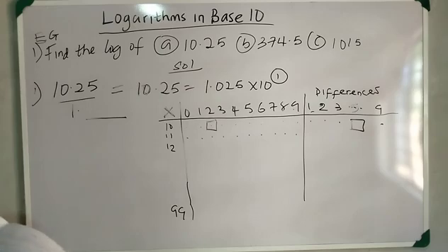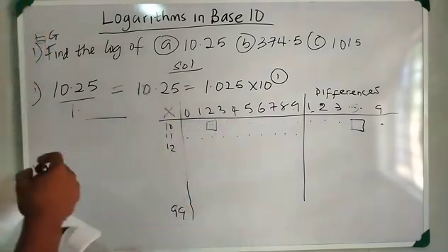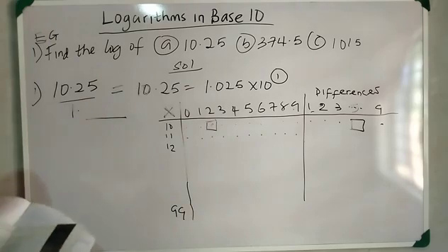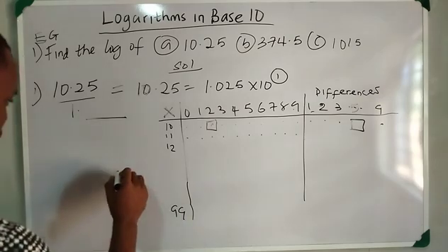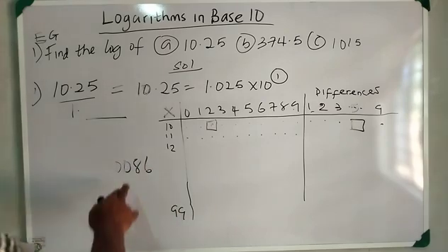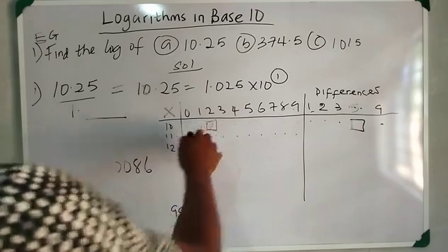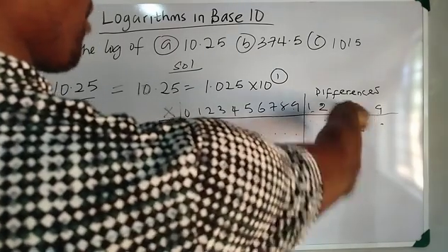So when I check 10 under 2, the number that occurs here is actually 0086. Sorry, there's no decimal points. This is the number that is here in my table. Now I'm going to add this to, what is the number that is under 5?